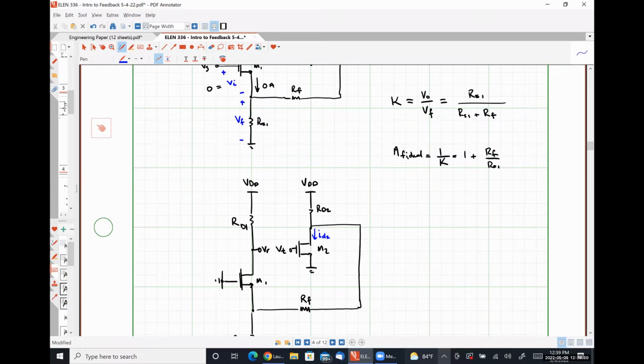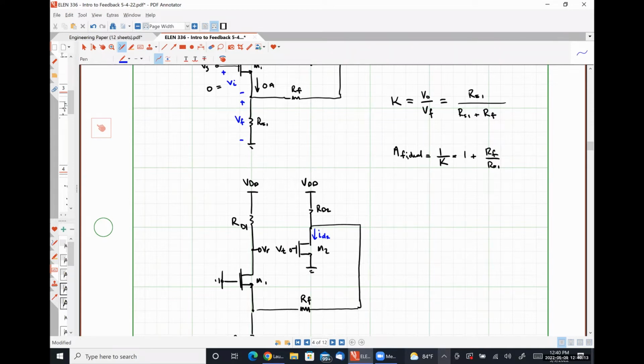Now this current ID2, our ultimate goal here is to figure out what this return voltage is. This current ID2 effectively is going to split.